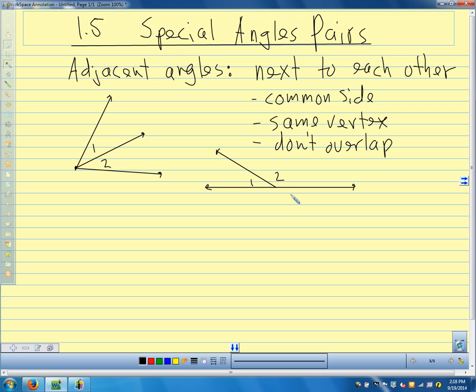We're good there? Okay. Vertical angles. Vertical angles are two angles with opposite rays as sides.